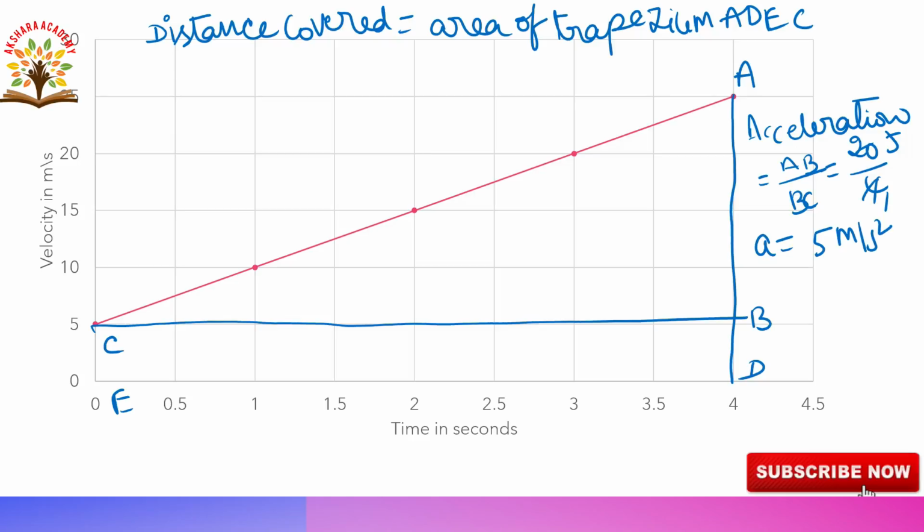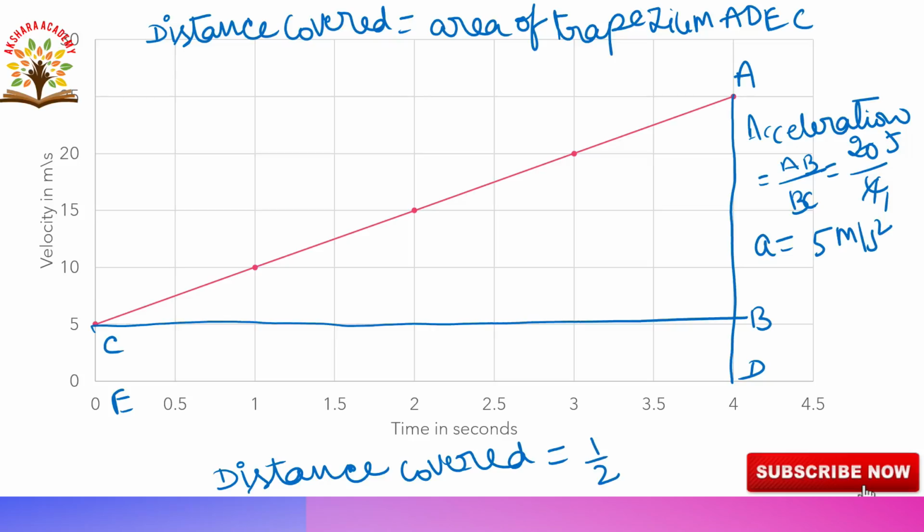Area of the trapezium is half into h into (a plus b). So distance covered is equal to half into height into (CE plus AD).